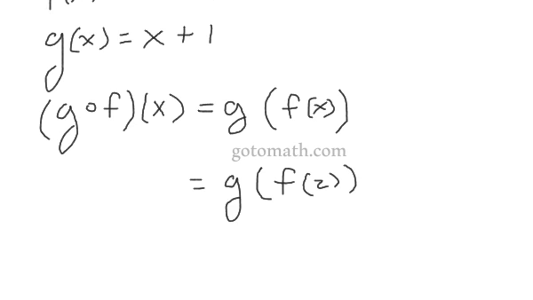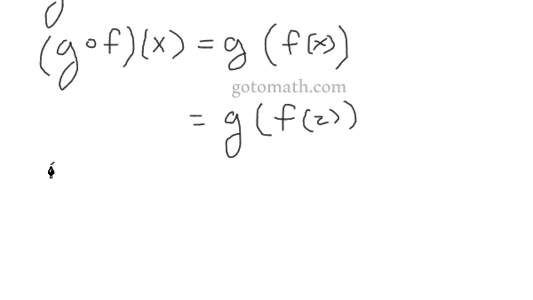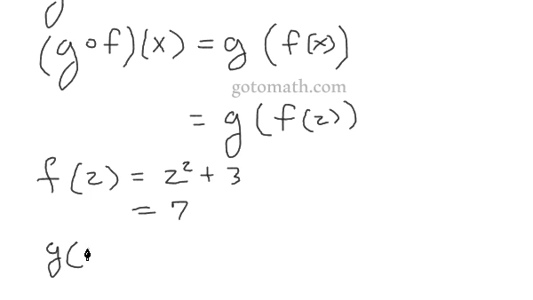So real quick refresher here, right? f of 2 is equal to 2 squared plus 3, which is 7, and then we take that and plug it into g of x, which is going to be 7 plus 1, which is going to equal 8. So g of f of 2 is equal to 8.